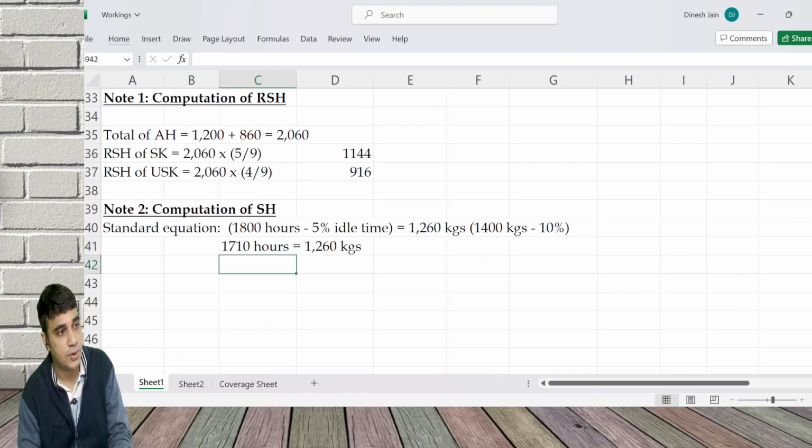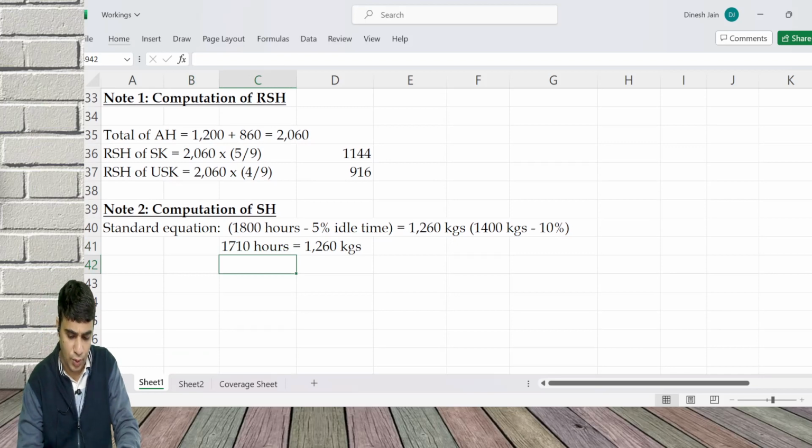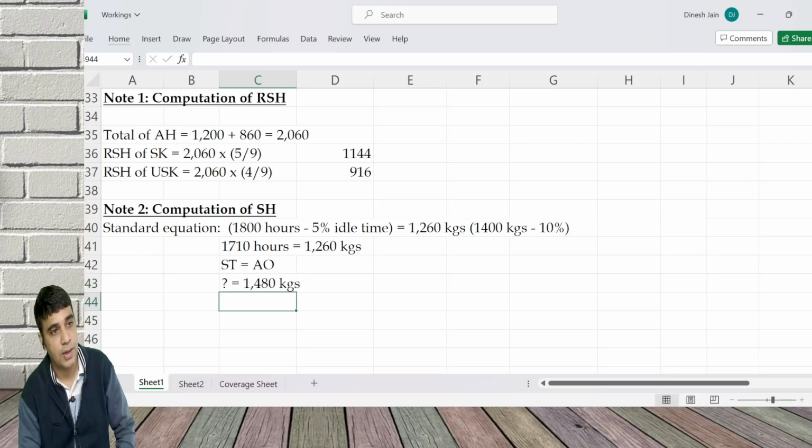1710 hours is equal to 1260 kgs. Question mark equal to how many units have been produced? ST equal to AO. Question mark equal to 1480 kgs. Tell me what should come in that question mark. 1710 equal to 1260, question mark equal to 1480.